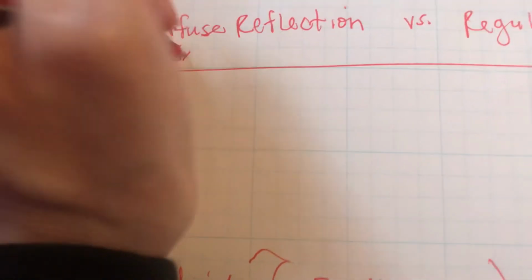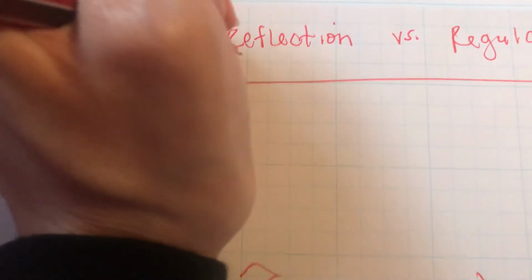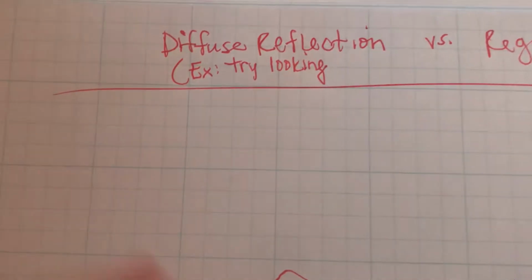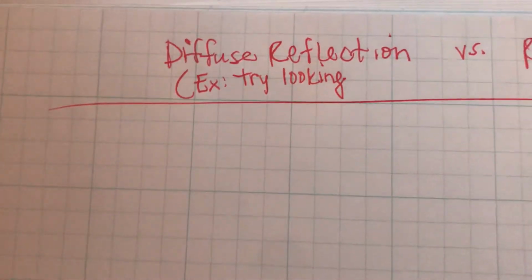So here's an example. Try looking at yourself in a piece of paper. You can't, even though light is bouncing off of the paper and bouncing off of you. Versus regular reflection, which, as an example, try looking at yourself in the bathroom mirror.